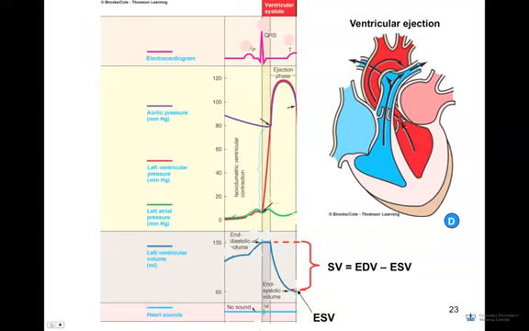So towards the end of ventricular systole, the ventricles are already starting to repolarize, and you can see that the contraction is starting to slow down, and the pressure in the ventricle is starting to decrease.